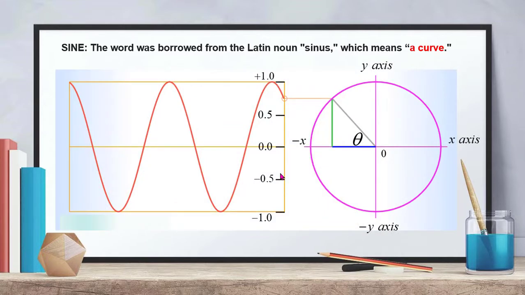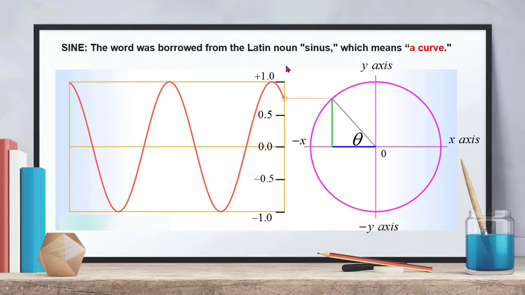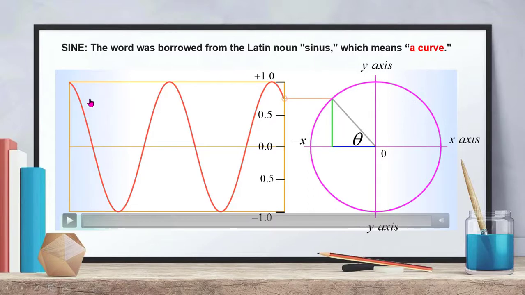On this diagram, we have a red curve, which is the sine, according to the Latin word noun sinus. So the curve is the sine, and this sine has a scale of 1 to -1.